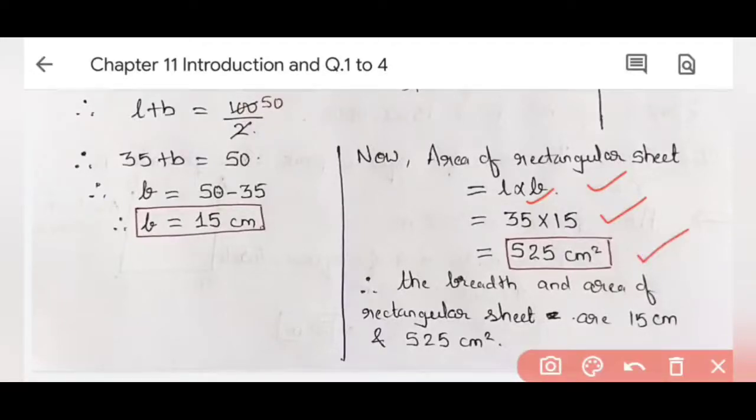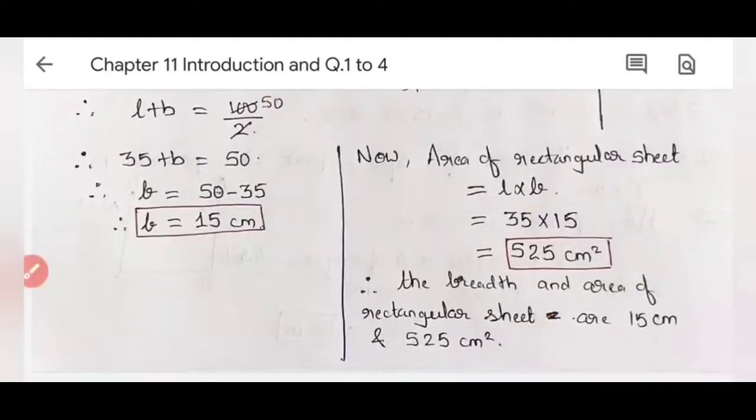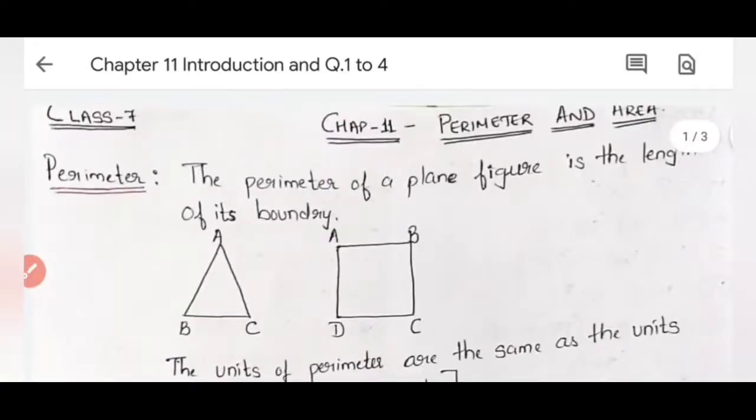So finally we will write one line. The breadth and area of rectangular sheet is 15 centimeter and 525 centimeter square respectively. Right? So this was question 1 to 4 of exercise 11.1.